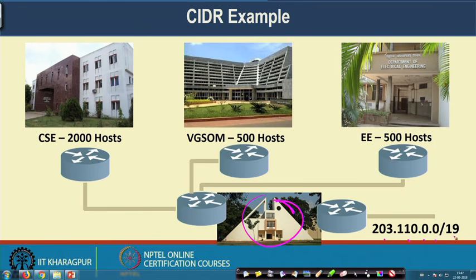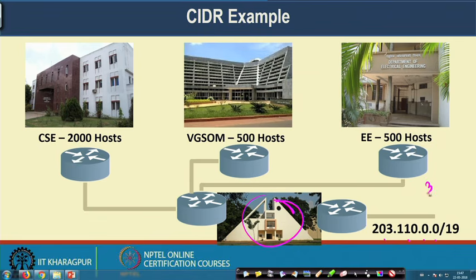If this IP pool is given to them, that means 19 bits are for the network address, and the remaining 32 minus 19, that is 13 bits, they can use for the host address inside IIT Kharagpur.